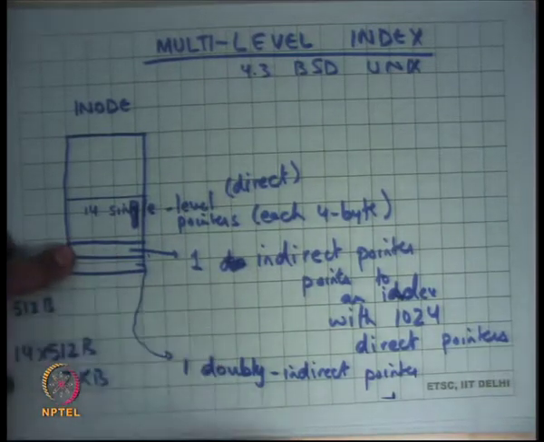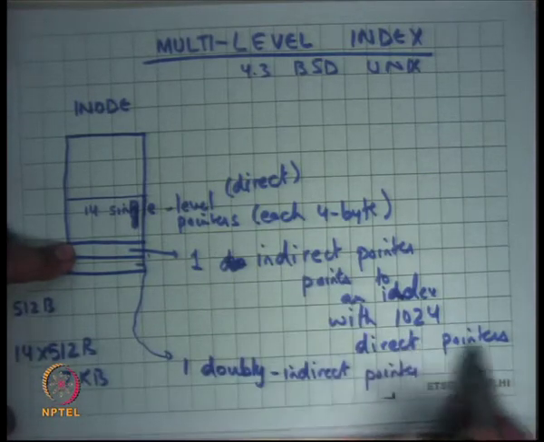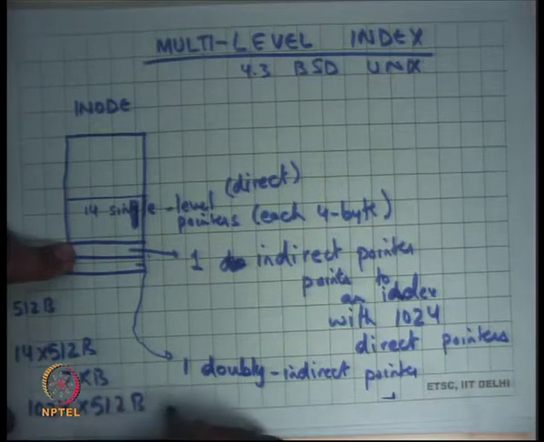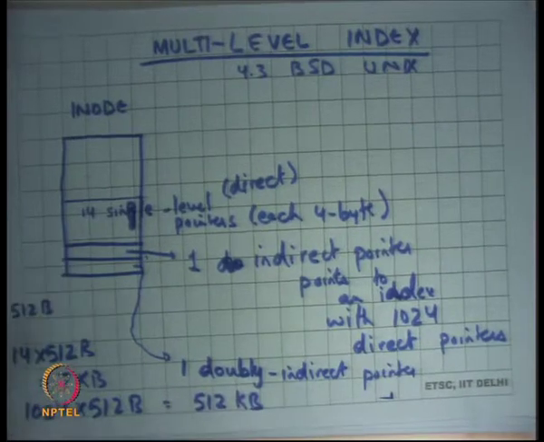One indirect pointer with 1024 direct pointers, so that's 1024 into 512 bytes, so that's 512 kilobytes. So files of size up to 512 kilobytes will need 2 metadata accesses to be able to dereference them, and then files bigger than that, which will be 512 megabytes or larger, can be done using 3 metadata accesses. So that's basically how it's done.